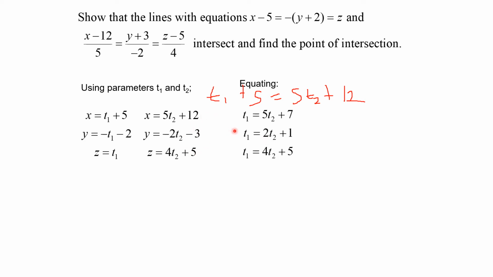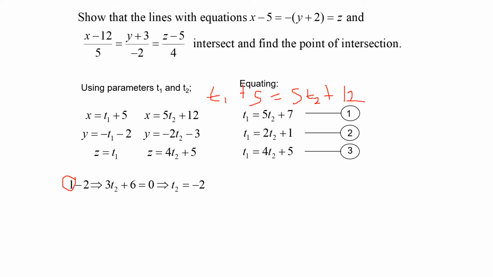t1 and t2 are just two unknowns, so you can use the first two equations to solve and get the values of t1 and t2. In order to solve t1 and t2, we use the first two equations, as in equation 1 minus equation 2.